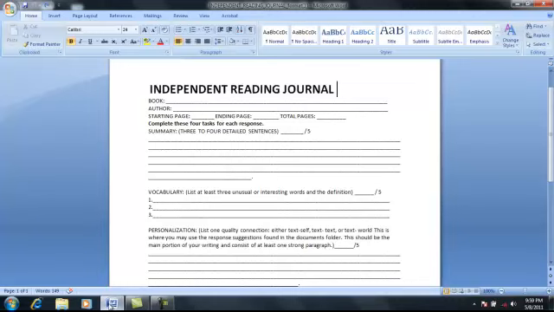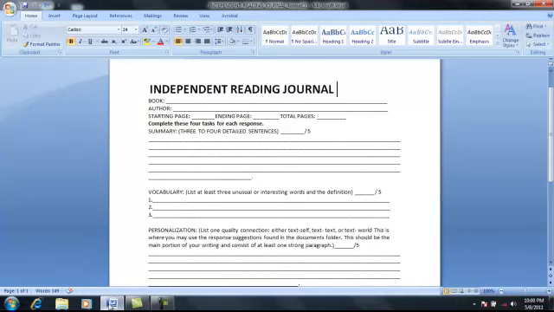The next section is your vocabulary section. Here you'll list 3 unusual or interesting words and include the definition. The definition must be informed by a dictionary, either a dictionary that you have at home or looking on the internet. You must create a definition from the definition that you looked up in your own words.